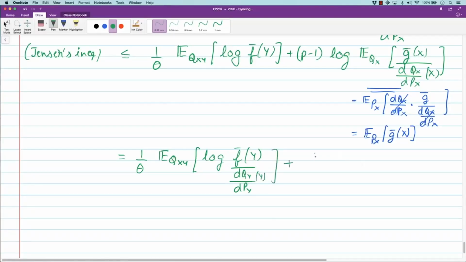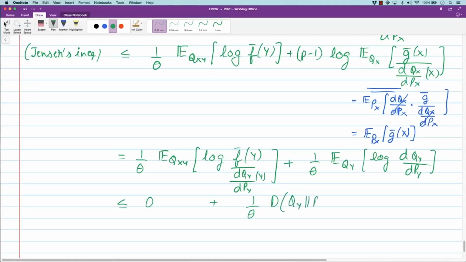So what we get is 1 by theta expected value over qy of log d qy by d py. Okay, but this quantity again by Jensen's inequality, this is just the same calculations here, and because the expected value of f bar is 1 under p, this is 0 plus 1 by theta, and we can recognize the term here as a divergence between qy and py.